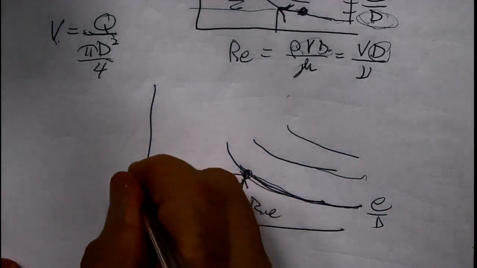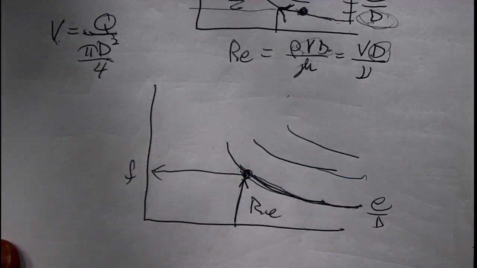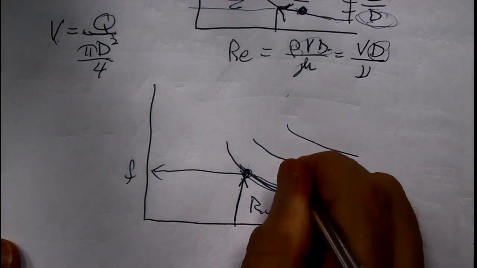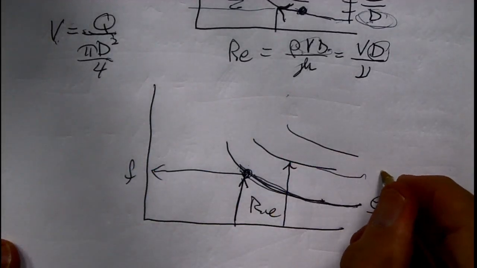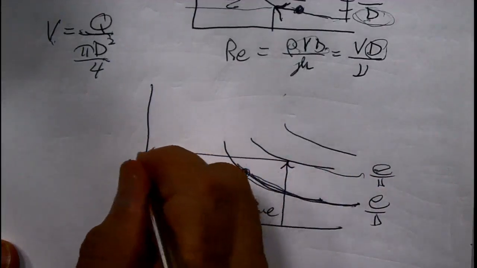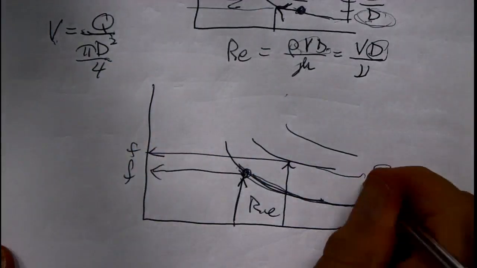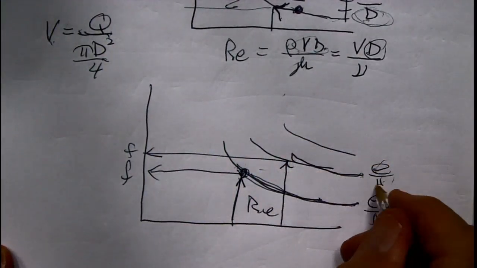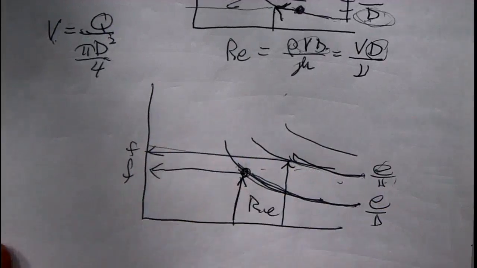Get the friction factor. After I do a new calculation, I may have a new Reynolds number, which gives me a new relative roughness, and I come across and get another friction factor. Since the diameter changed, relative roughness changes, and I come straight across.